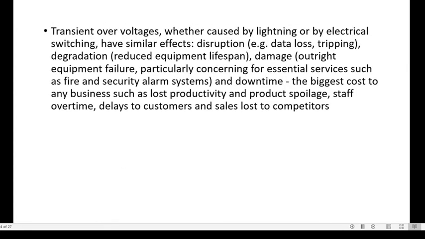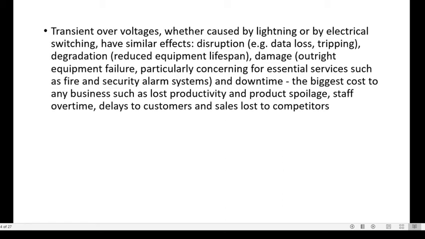So transient overvoltages, whether caused by lightning or by electrical switching, have similar effects like disruption, that is a loss of data, tripping, degradation, reduced equipment lifespan by loss of insulation, the damage of the equipment, then downtime, the biggest cost to any business, such as the loss of productivity and product spoilage, staff overtime, and delays to the customers and sales lost to the competitors.